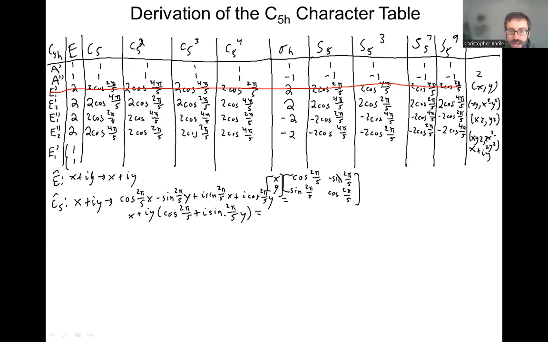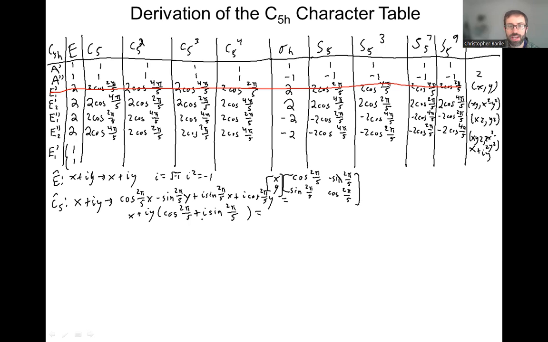Well, that comes from i sine 2 pi over 5 times iy. That's going to get you i squared sine 2 pi over 5 y. And we know that i is the root of -1, so i squared equals -1.